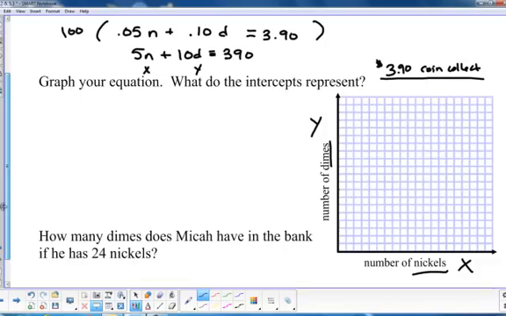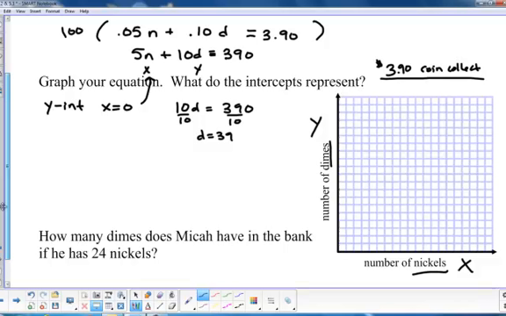All right, so if I plug 0 in for x, I'm finding the y-intercept. So 10d equals 390. And if you divide by 10, that means d is 39.